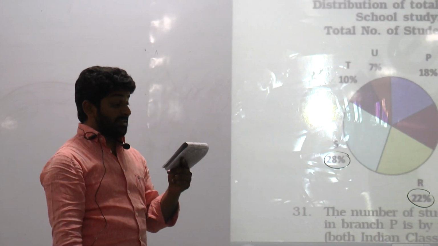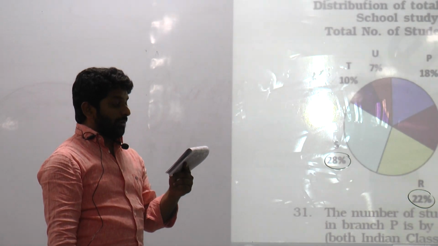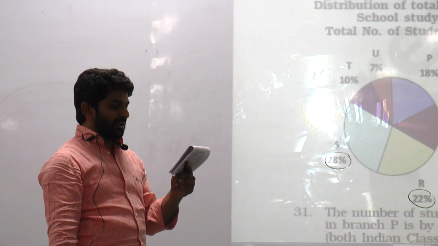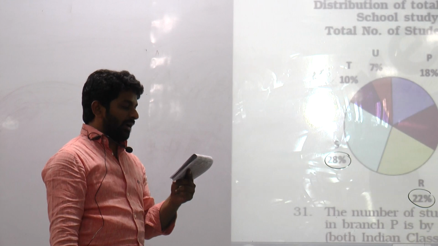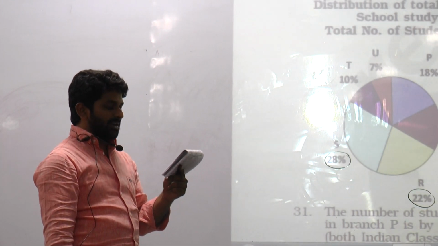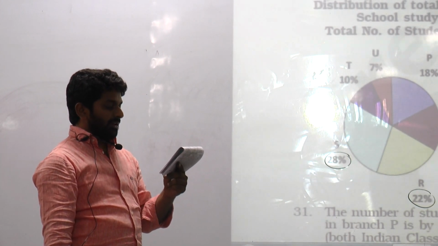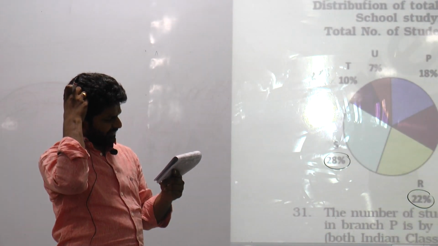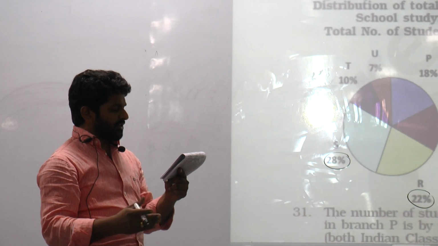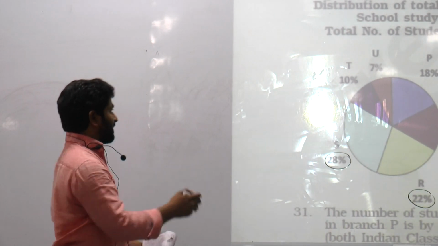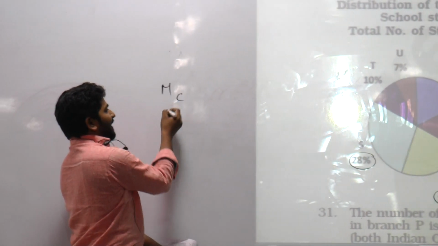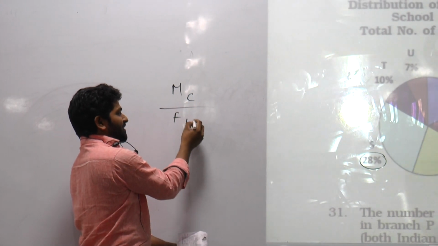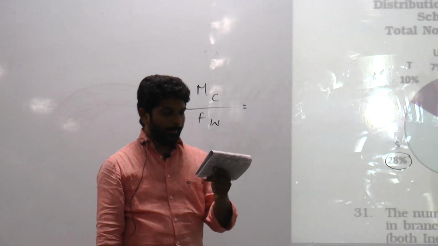What is the respective ratio between the total number of males studying Indian classical music in branches P and U together and the total number of females studying Western in the same branches together? You are asked about the ratio between what? Male classic, female Western. This is what you are asked about.